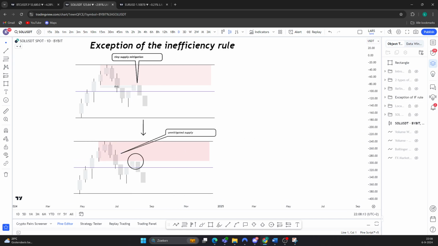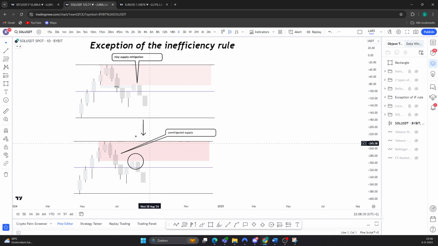But I'll only use this if there's no other supply to look for close by, okay? And it was a tiny mitigation, meaning we just tapped into it. Like we barely tapped into it, but we technically did.